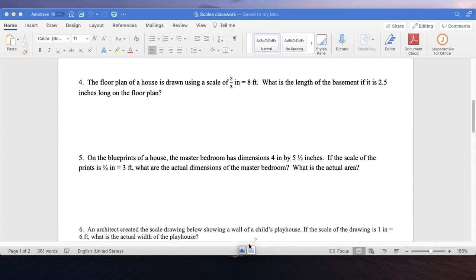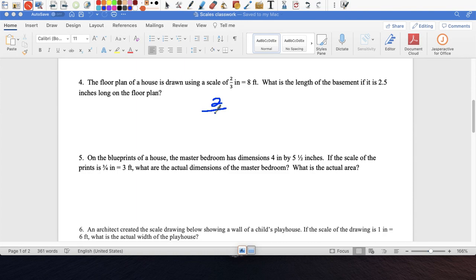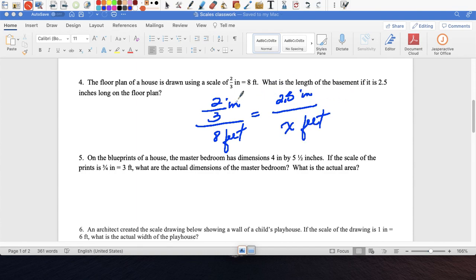Number 4, floor plan. You know, floor plan of the house, right? So 2/3 of an inch is 8 feet in real life. If the length of the basement is 2.5 inches, how long is it in real life? Oh, and that's what we want, x feet, right? Again, cross multiply.